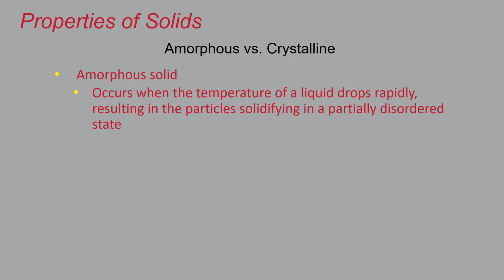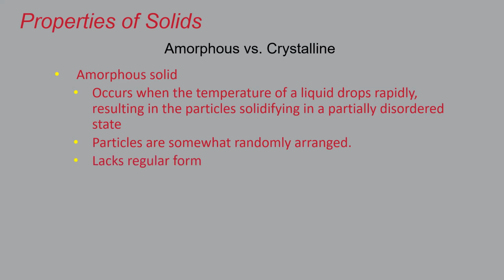This is like carefully placing clothes back in your drawers, or just shoving them in there. One of them is going to give you better looking piles than the other. The amorphous is analogous to just when you shove them in there as fast as you can. Because of this, the particles end up being a bit more randomly arranged than they otherwise would be. But again, somewhat. These are still solids.